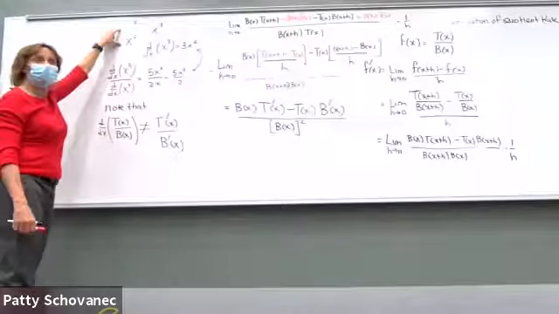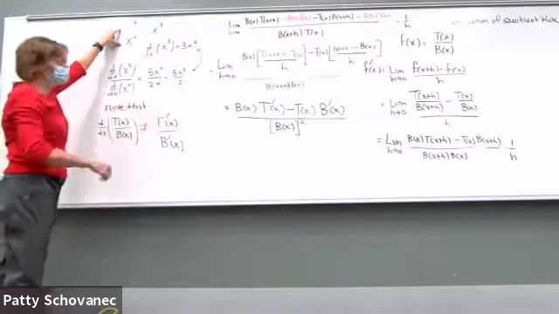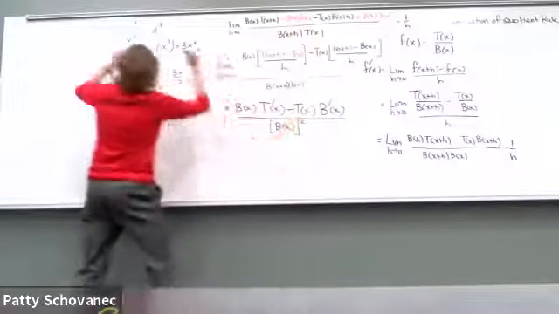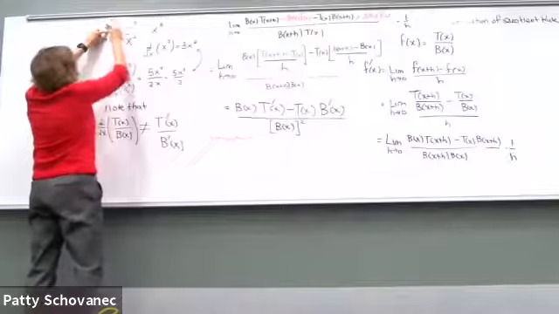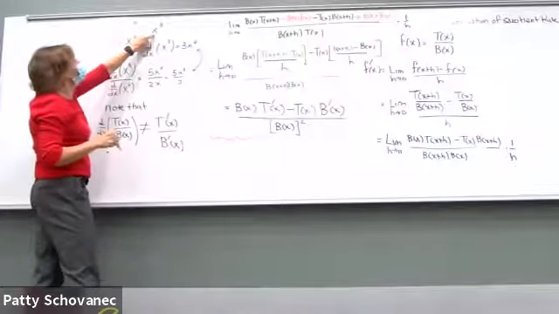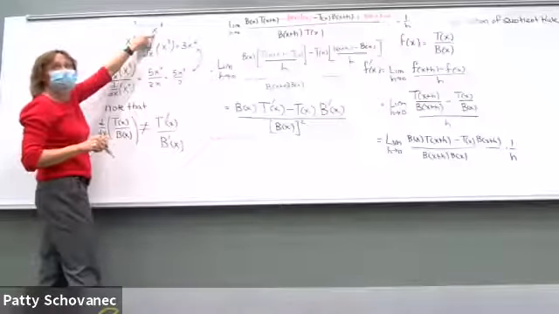Let's try it with these two. I'm just going to copy it under there. So from our example, using this as the top and that as the bottom, I'm going to show you that we will get something that simplifies to the derivative of x cubed.